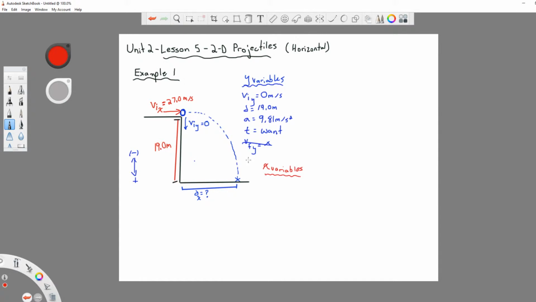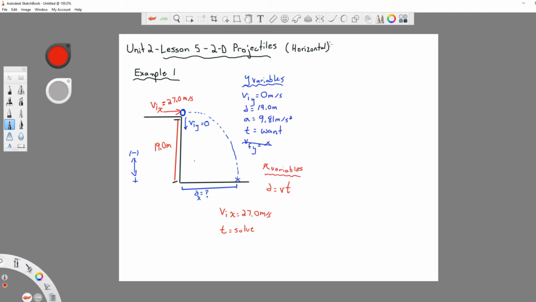The reason it curves down is because the y velocity drags it down. So this is a simple case of distance is equal to velocity times time. We know the velocity already because VIX is equal to 27.0 meters per second. Time we need to solve for.